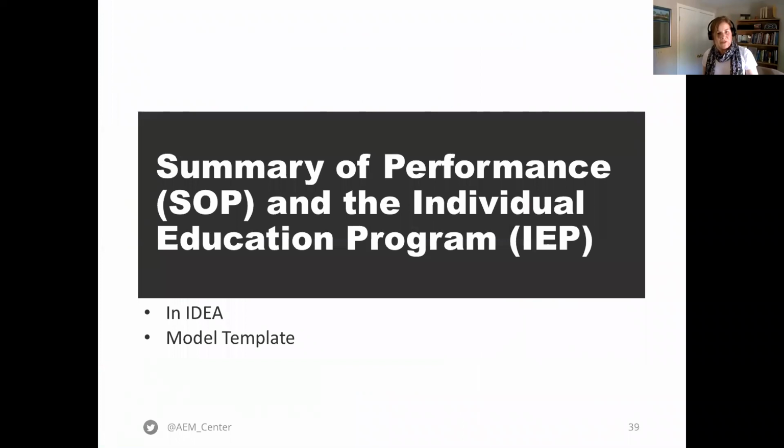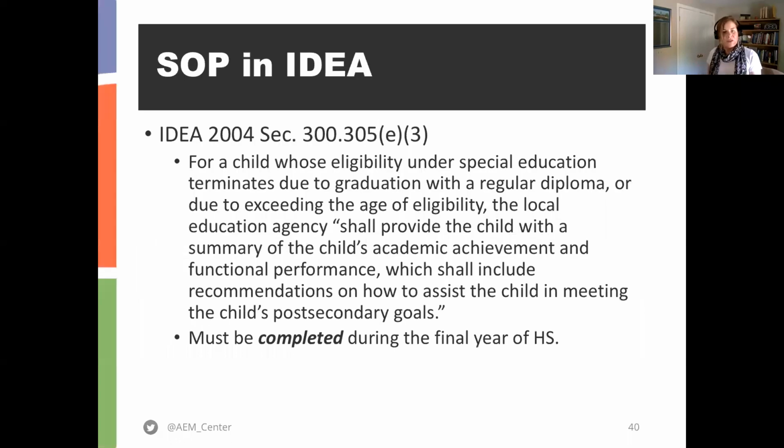The summary of performance and the IEP, remembering that we're going backward, that the summary of performance is part of the transition planning process. And when you look back at the definition for the summary of performance and transition, of course, there's a distinction with the summary of performance because it needs to be completed during the final year of high school.